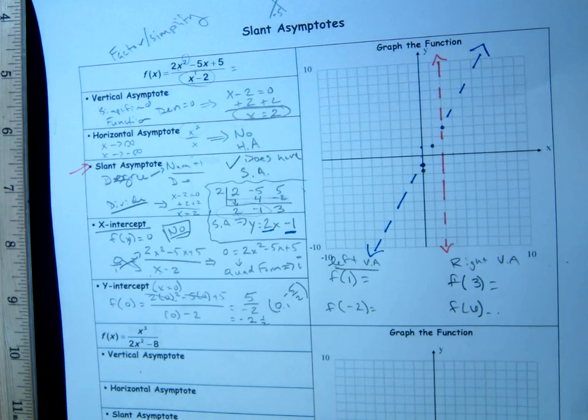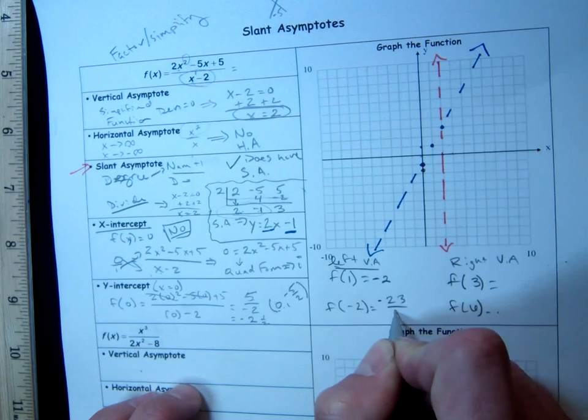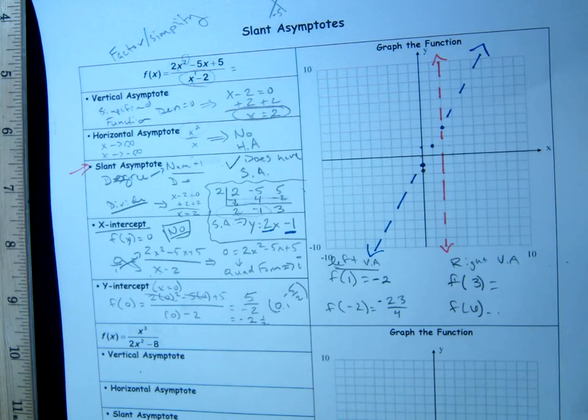Has anyone gotten f of 1 yet? It's negative 2? Okay. What about negative 2? Did we get that one? Well, I'm going to cheat and look at my calculator, but just plug it in the way you normally would. Replace every x with that value.